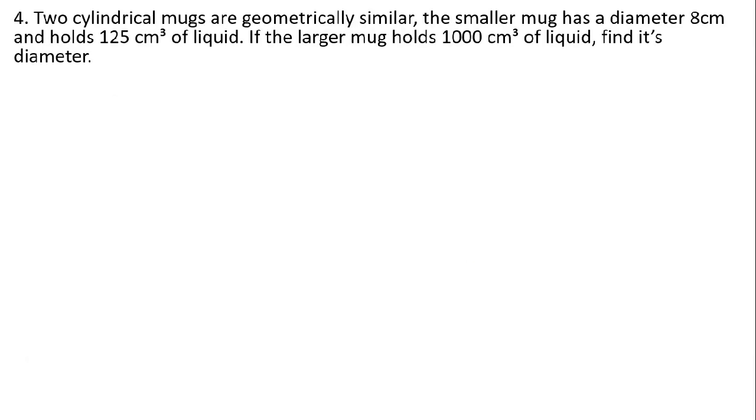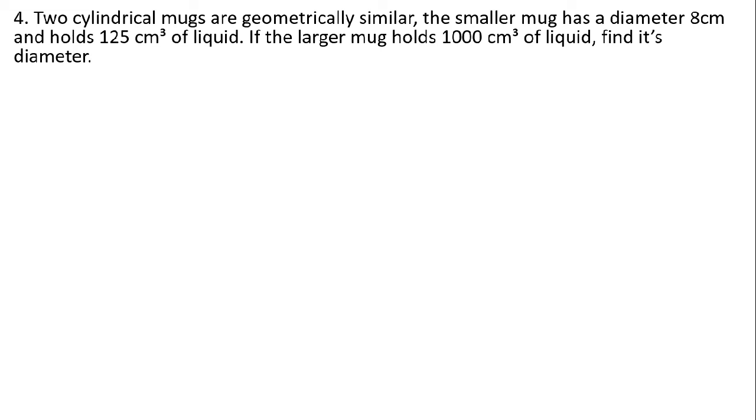Question 4. Two cylindrical mugs are geometrically similar. The smaller mug has a diameter of 8 centimeters and holds 125 cubic centimeters of liquid. If the larger mug holds 1000 cubic centimeters of liquid, find its diameter.